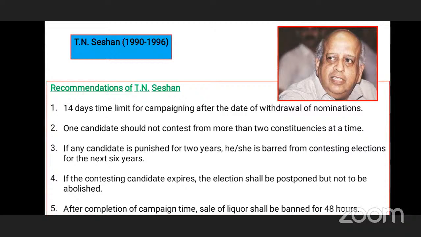Second recommendation by T.N. Seshan: one candidate should not contest from more than 2 constituencies at a time. A candidate contesting in the election should not contest from more than 2 constituencies at a time.